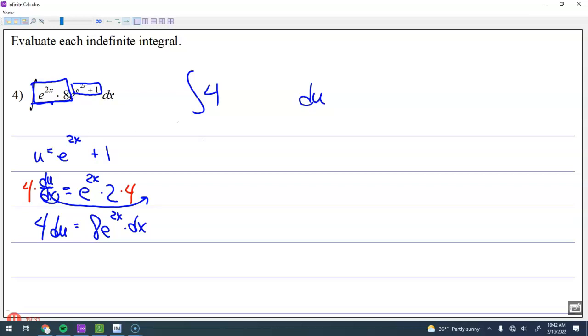Careful, not just u. This is u, but isn't it e to the u? Like, what is this equal? U. So doesn't it say e to the u?